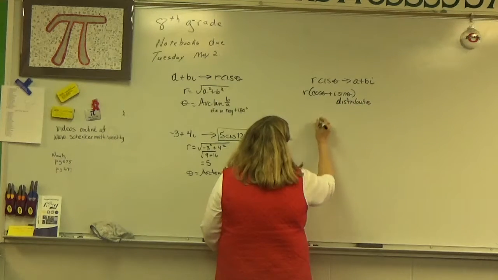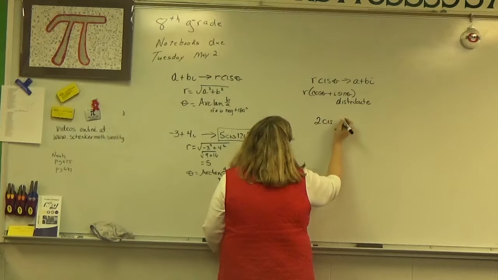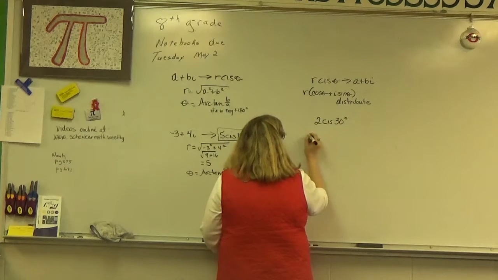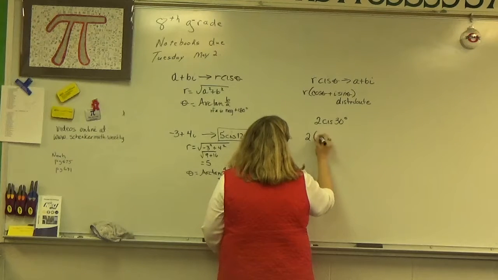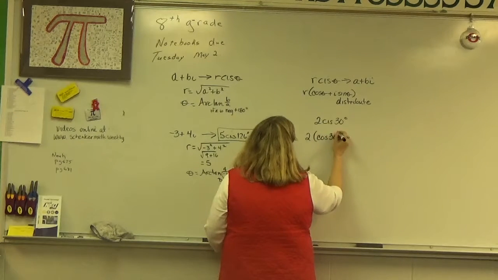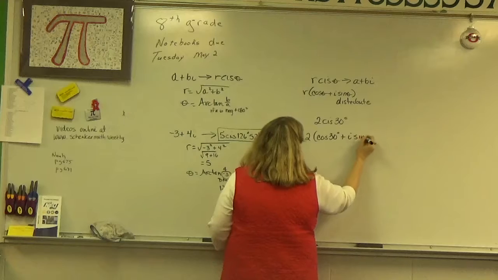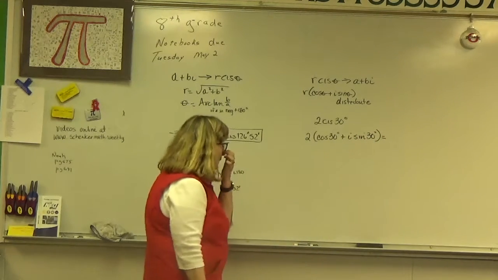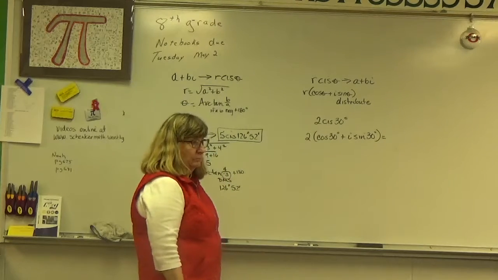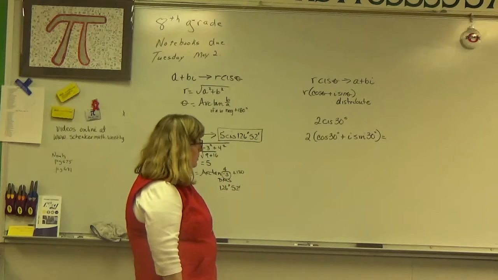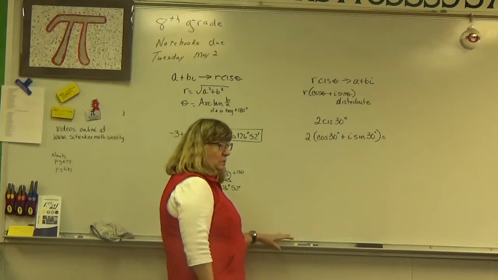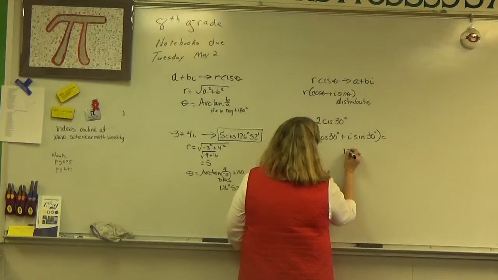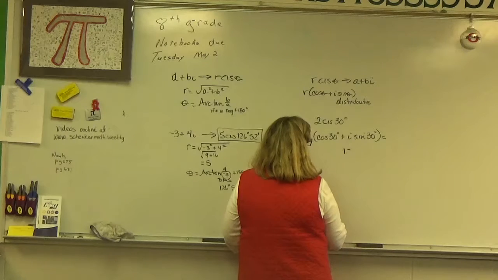So if I give you 2 cis 30 degrees, which I'll write the long way too and expand it, so it'd be 2 cosine of 30 plus i sine of 30. So all you gotta do is distribute. 2 times the cosine of 30 is 1.73, and then the 2 sine of 30 is 1i.